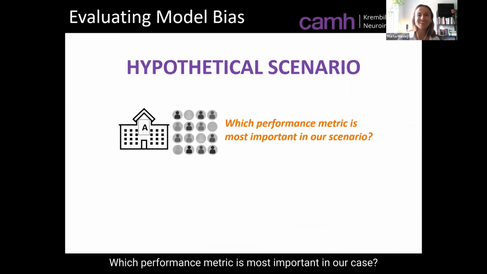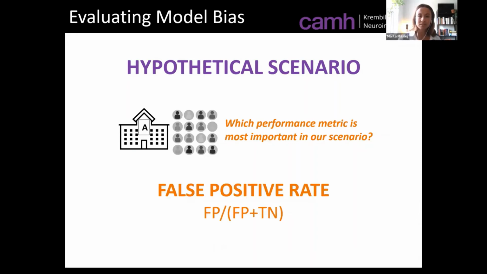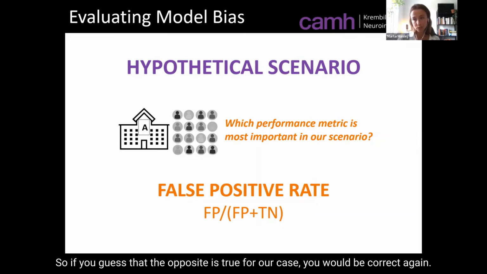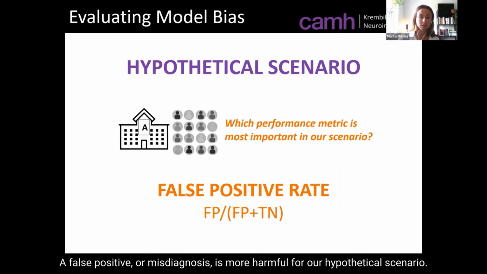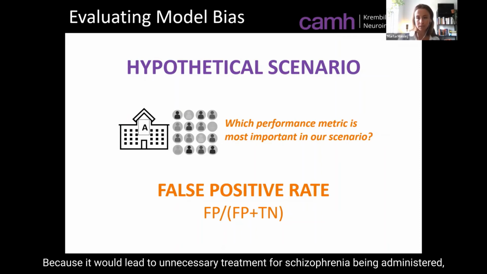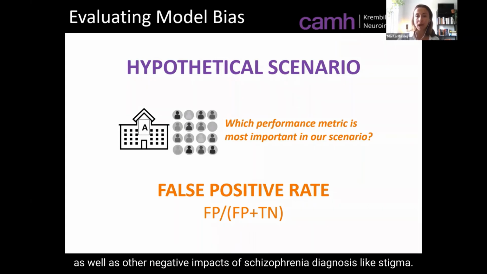Next slide. Which performance metric is most important in our case? Next slide. So if you guess that the opposite is true for our case, you would be correct again. A false positive or misdiagnosis is more harmful for a hypothetical scenario because it would lead to unnecessary treatment for schizophrenia being administered, as well as other negative impacts of a schizophrenia diagnosis, like stigma.